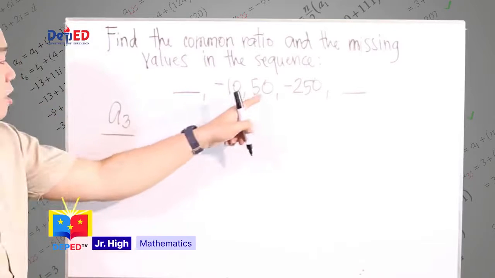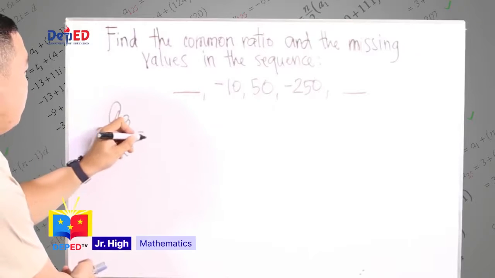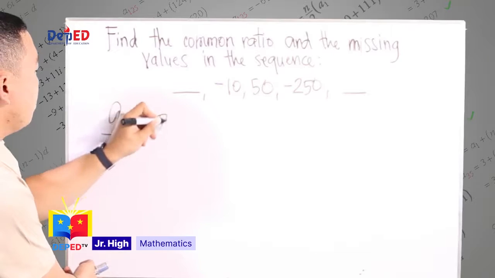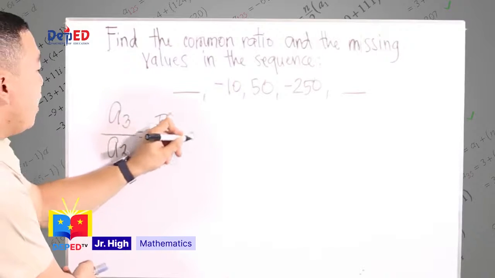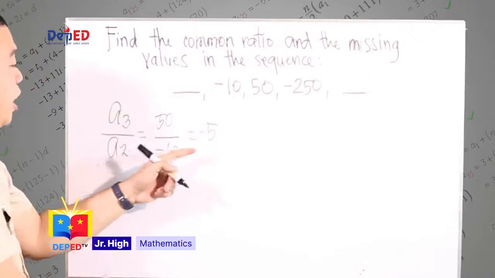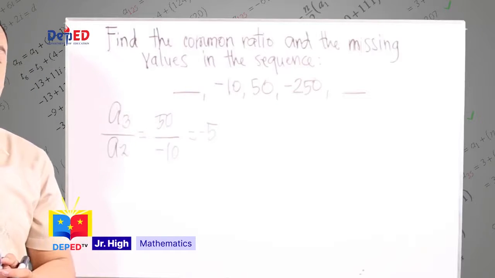divided by the second term, which is -10. So that's 50 divided by -10, we will get -5. We get -5 because we divide numbers with unlike signs.